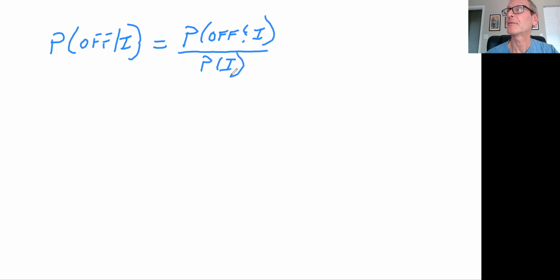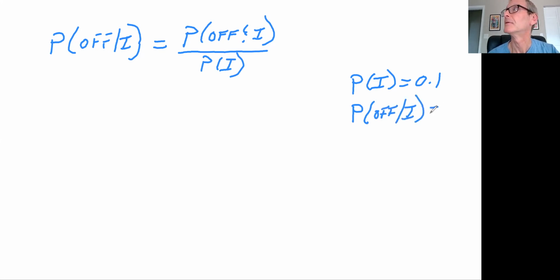So we're given the following. The probability of being granted an interview is 0.1. And the probability of being offered a job given an interview is 0.25 or 25%.